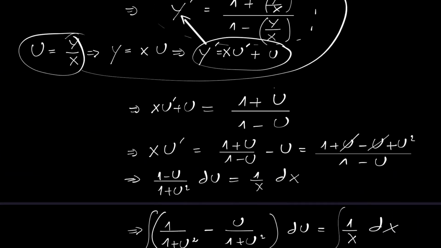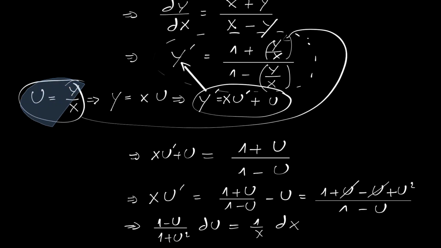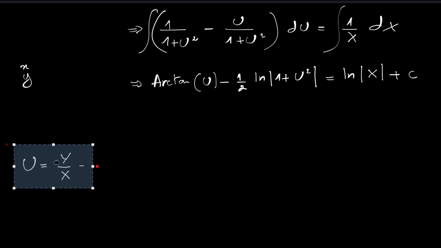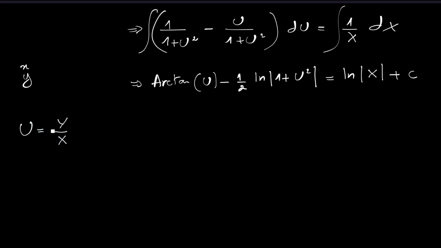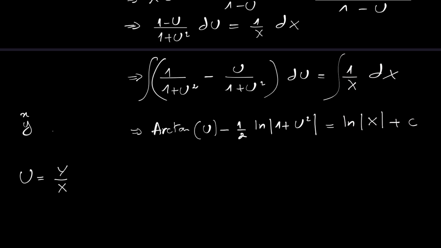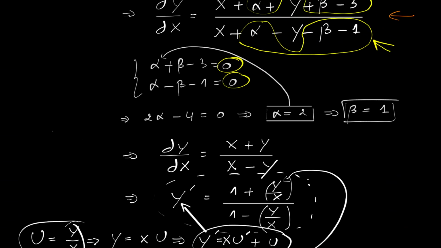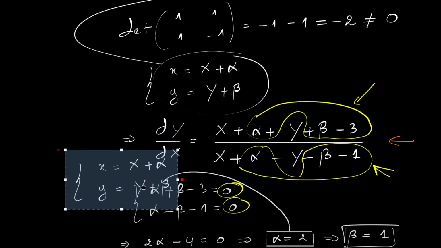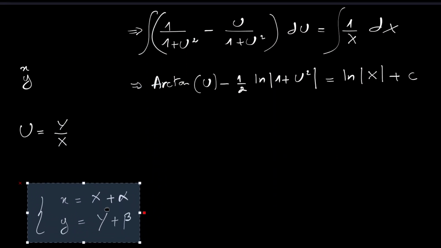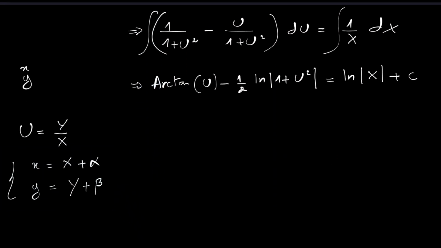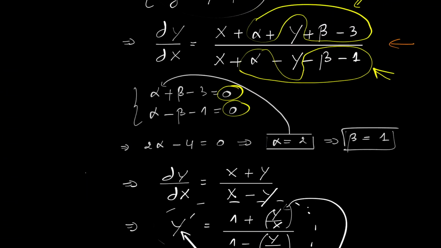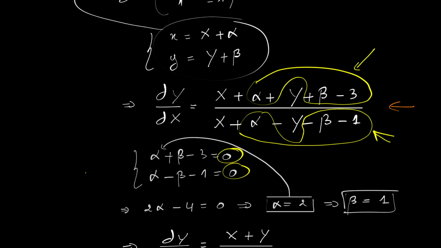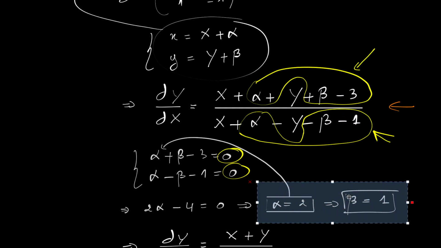First we have u equals big Y over big X, and we have to return to this translation with alpha and beta equal to 2 and 1.